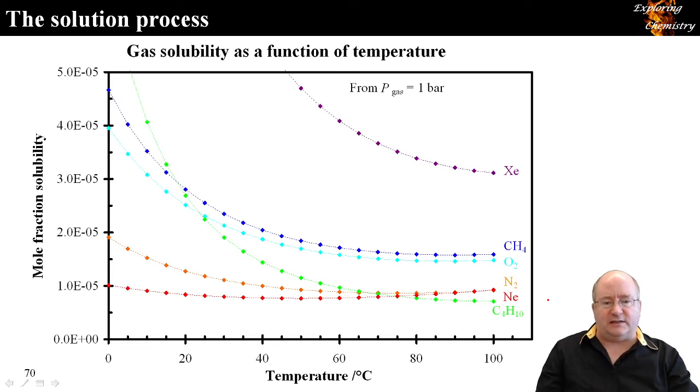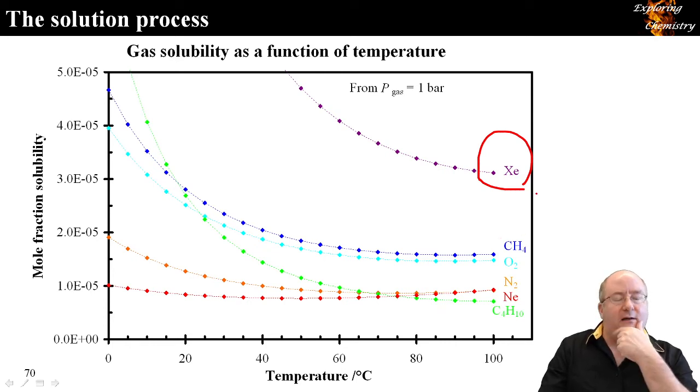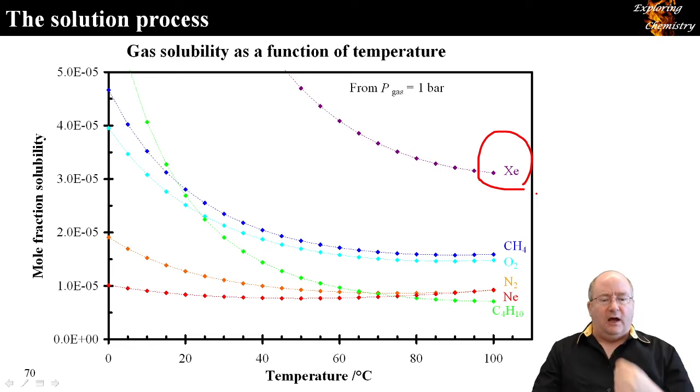We saw that previously. And so while the units are different, this is mole fraction instead of percent, it's a very low mole fraction of gas in water. Interestingly, xenon over here on the top is more soluble than the rest, and that is due to the polarizability of xenon.